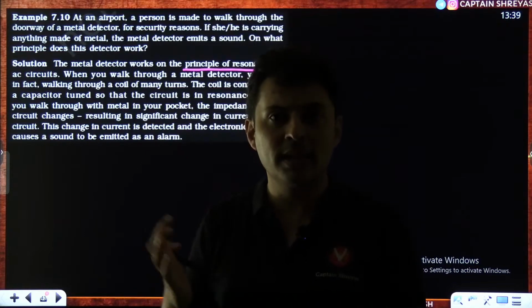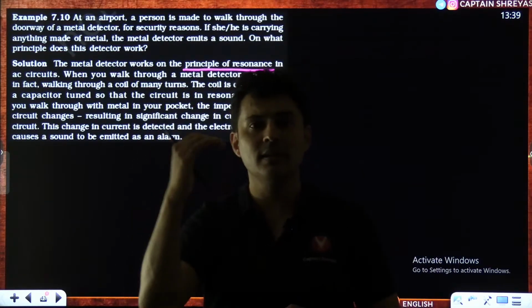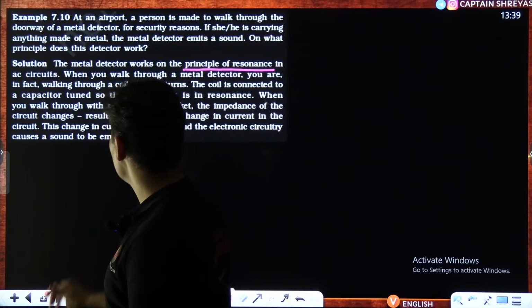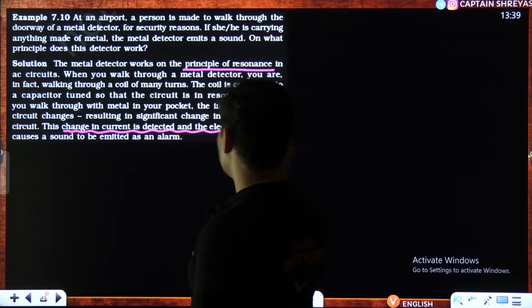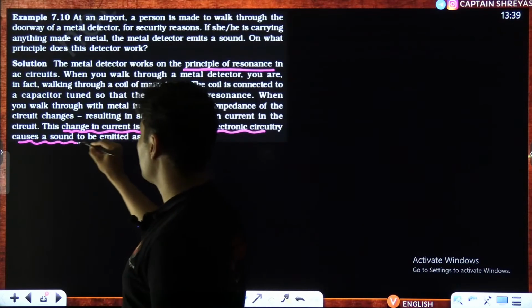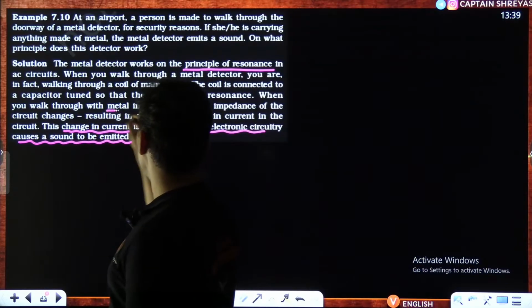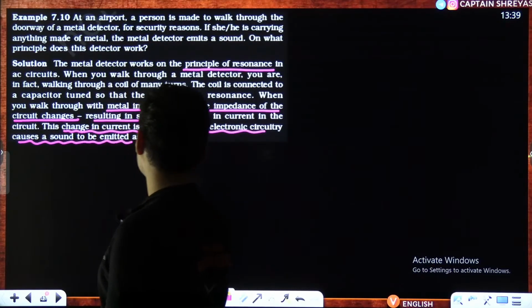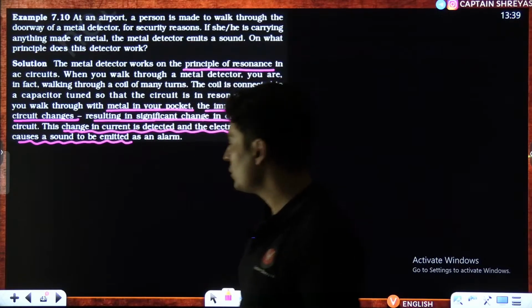It will no longer resonate, and that change in the current triggers the alarm, and you will hear that sound. This change in the current is detected, and the electronic circuitry causes a sound to be emitted. So when you walk through with metal in your pocket, the impedance of the circuit changes, resulting in a significant change in the current. These are the important things you should be aware of.